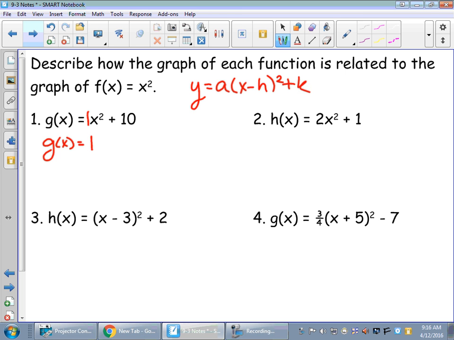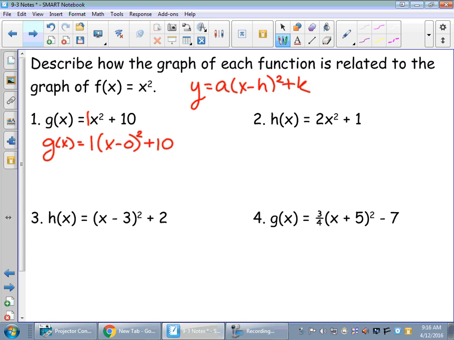If there is no H value, expand that x squared. That's still x squared, it's just expanded now so you can see where H would be. And then the +10 goes out here. So if it helps, you can put it into that vertex form. And now you can clearly see that the only thing that's happening here is the +10. That is your k value.